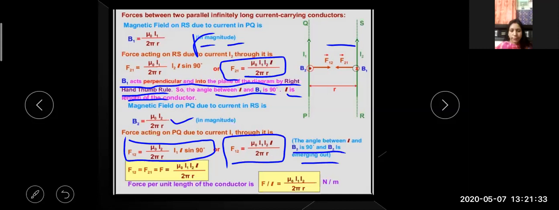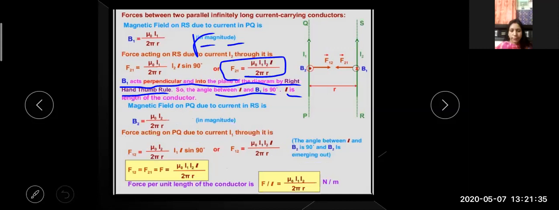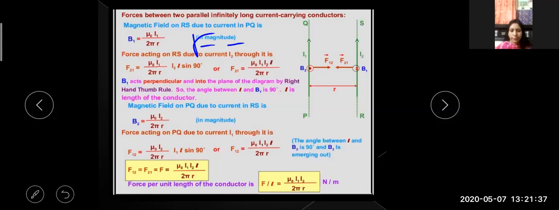So we see from the above two equations that the forces F21 and F12 are both equal, mu naught I1 I2 L upon 2 pi R, right? Now we know the direction of the magnetic force.